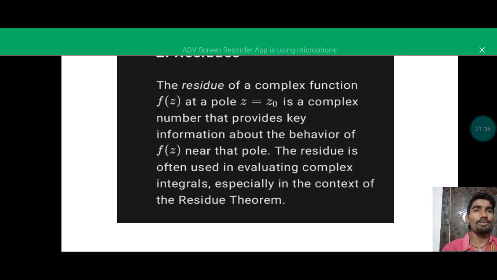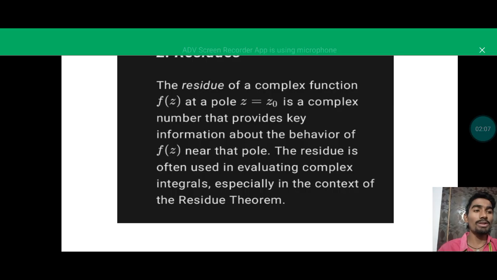The next slide is: what is meant by residue. In my topic we will find and identify the poles and residues, and that's why I will define the residue. The residue of the complex function f of z at a pole z equals z naught is a complex number that provides key information about the behavior of f of z near the pole.